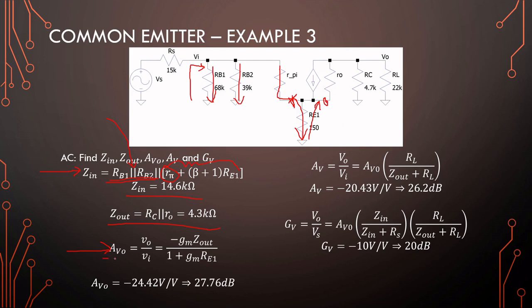Now, with our gain, there is a bit of a difference right here. And we will see here at the top that we still have our gain from our previous examples, minus GM times Z out. Okay, but this emitter resistor right here is technically a feedback resistor.